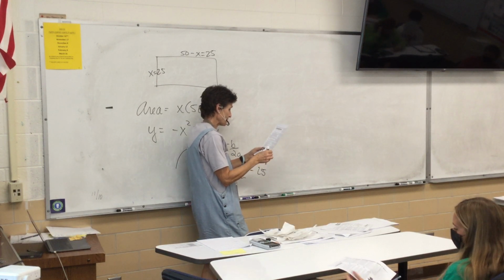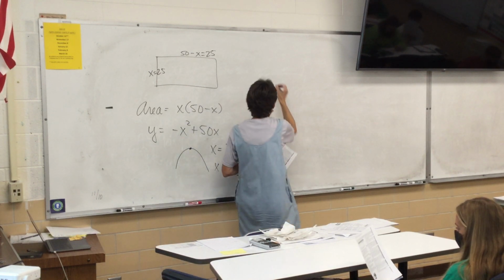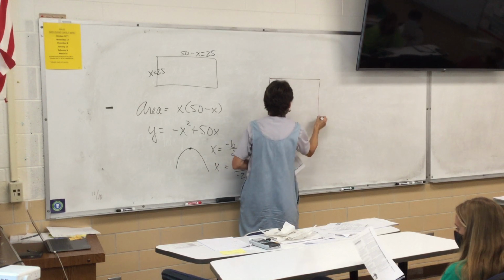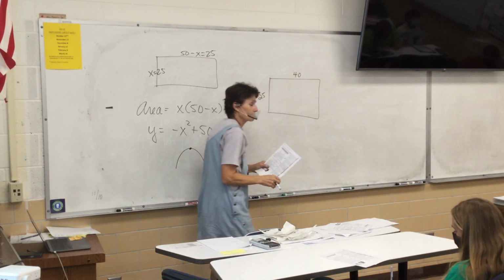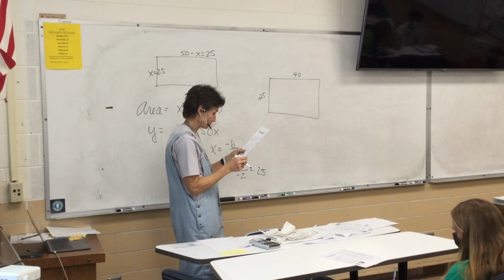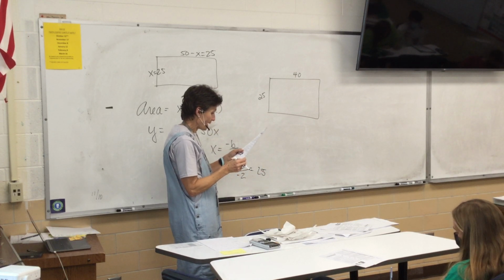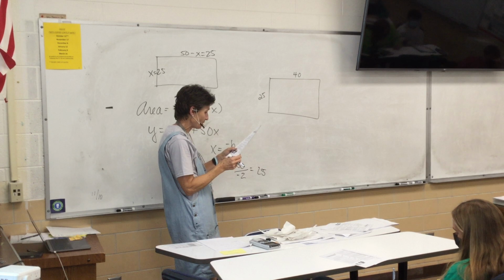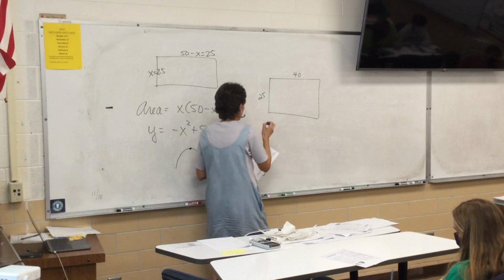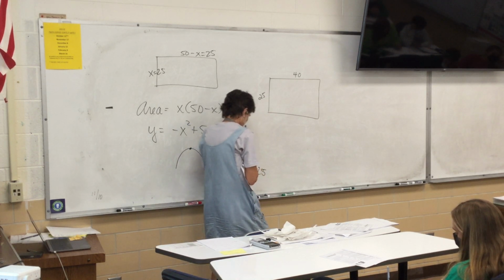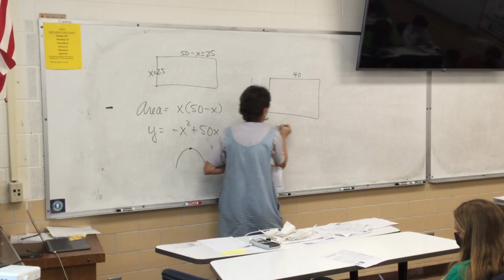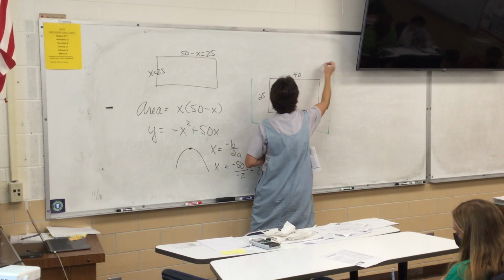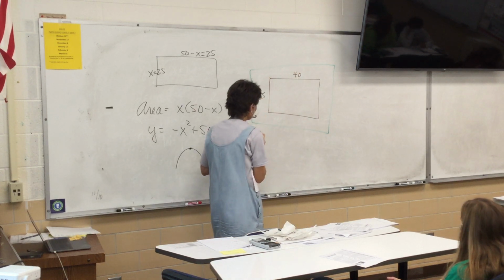Someone carefully designed a rectangular patio that's 25 by 40. So here's my patio, it's 25 by 40. This patio is surrounded by a terraced strip of uniform width. Okay.